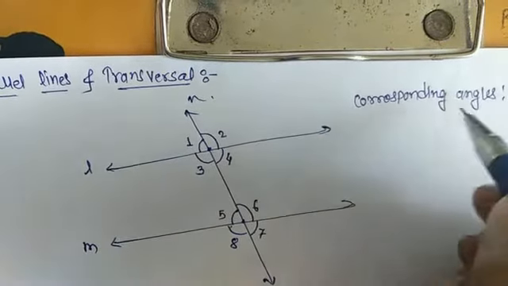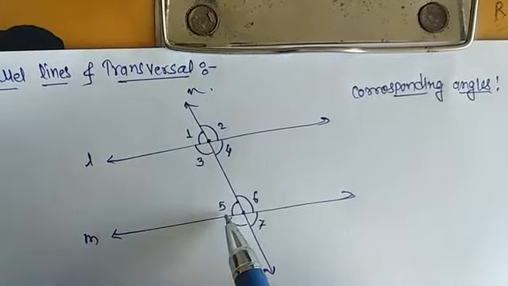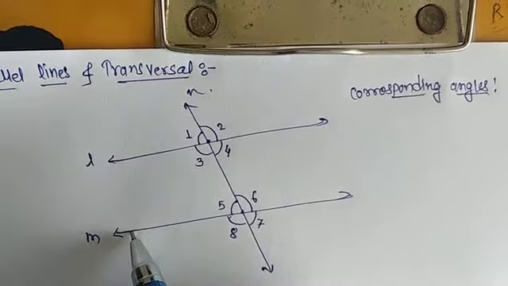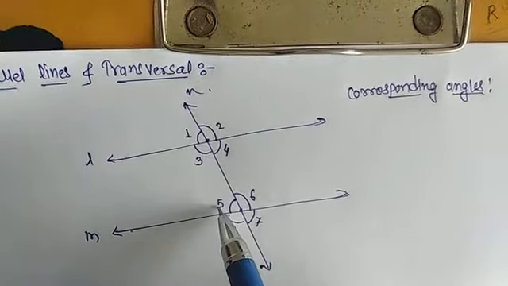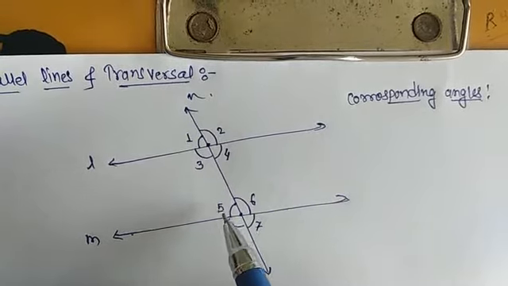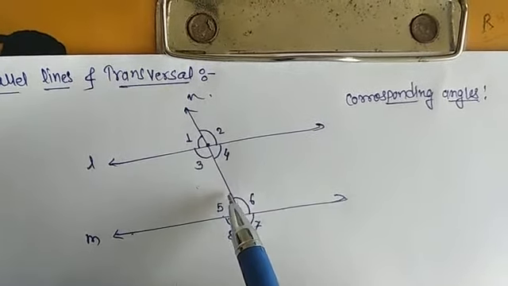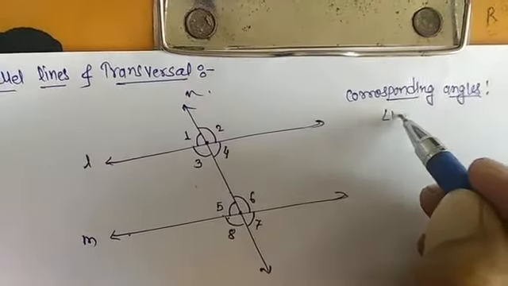Corresponding angles are on the same side of the parallel lines. If L and M are parallel lines, angle 1 and angle 5 are on the same side, above the line and on the left side of the transversal. So 1 and 5 are corresponding.